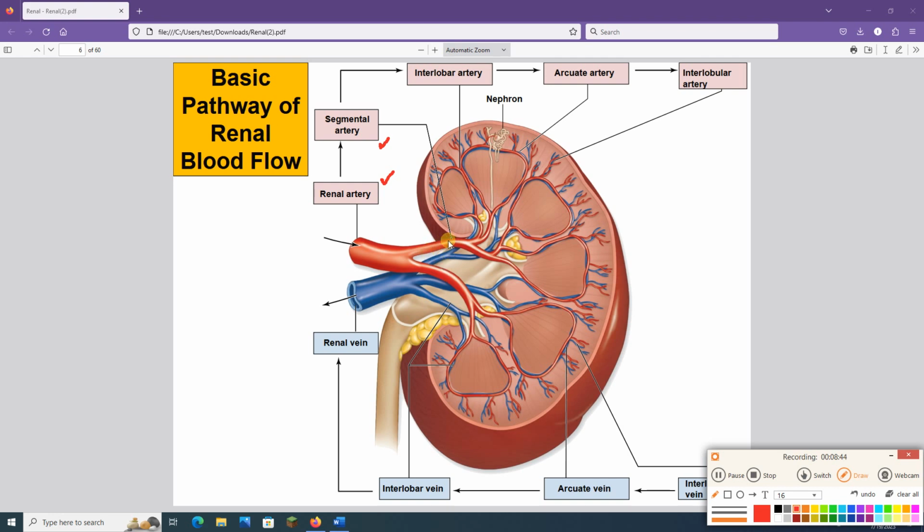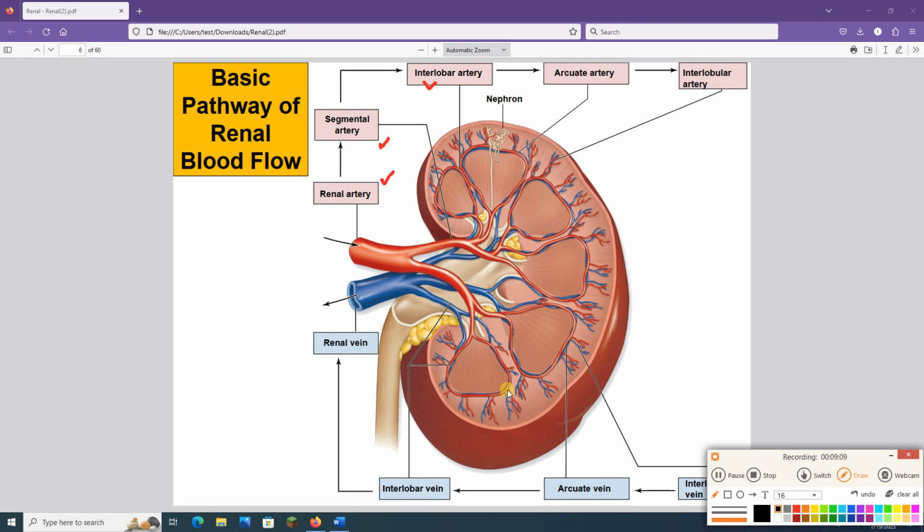A segmental artery is going to branch and give us these arteries that go up in between the pyramids. These arteries going in between the pyramids are known as interlobar arteries. Then we get some arteries that are going to kind of arch over the base of the pyramids.